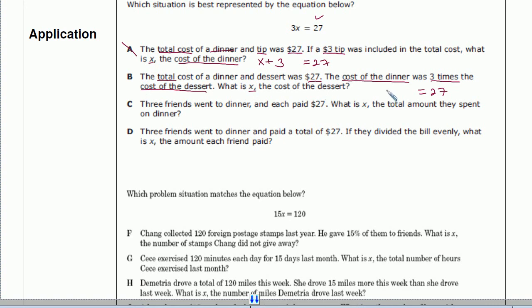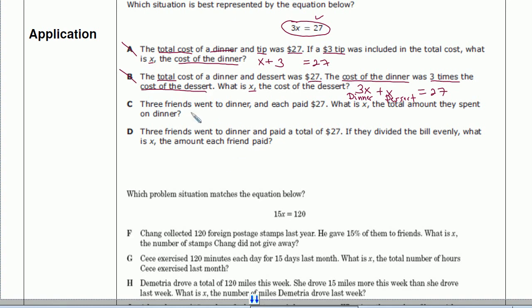Well, if X is the cost of the dessert and 3 times the cost of the dessert was the cost of the dinner, I gotta multiply 3 times X, right? So this is the dinner right here. This is the dessert. And 27 is the price of both of those together. So that means I have to add them. So I do have a 3x, but I have a plus x too much for this equation. So this equation does not fit this problem situation either.